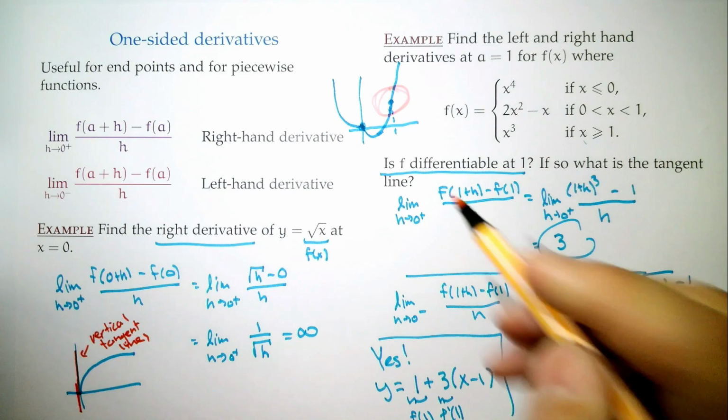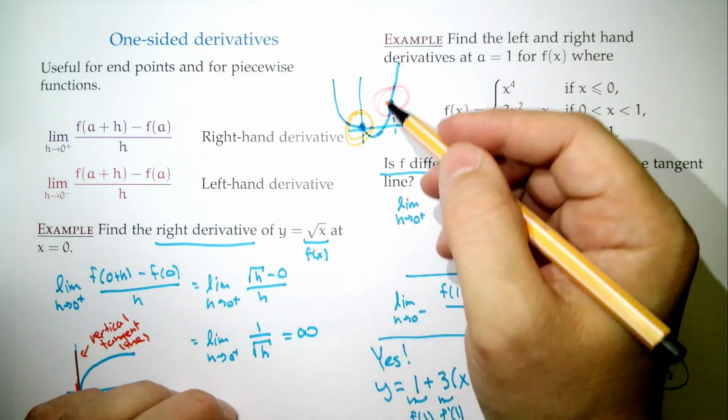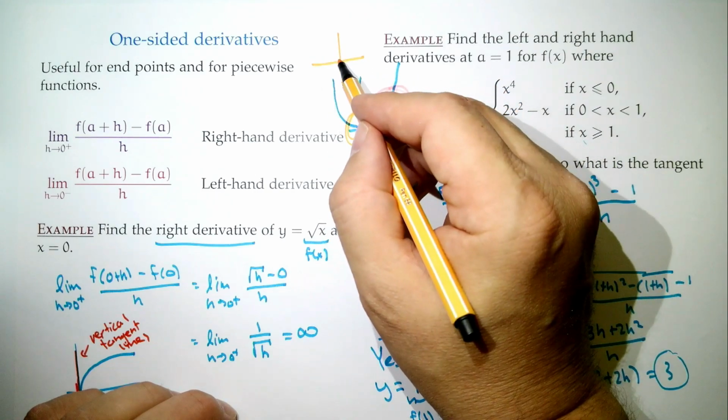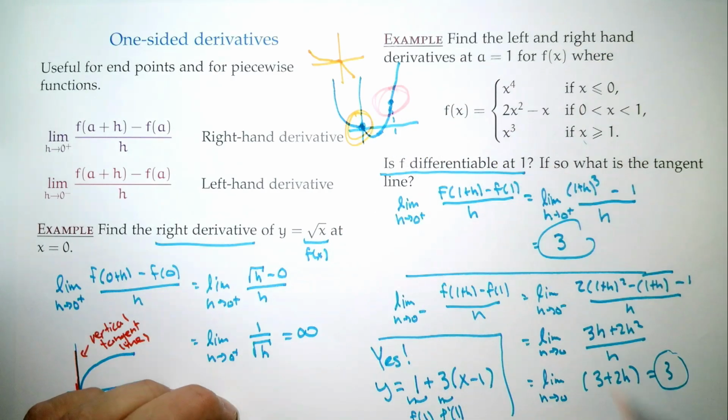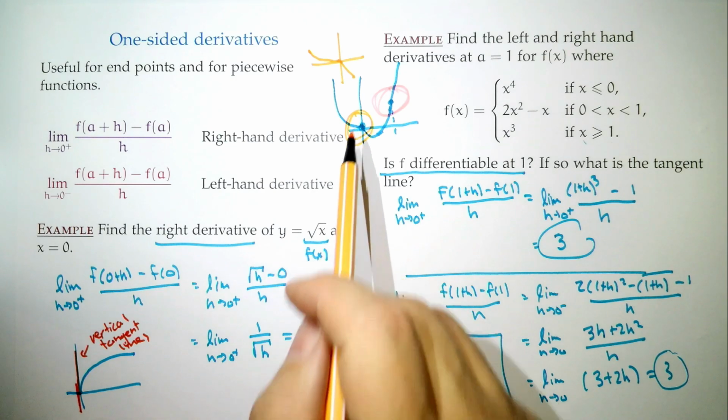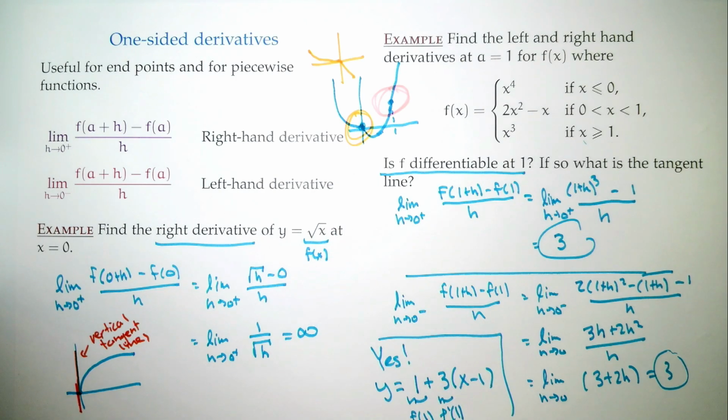What do you see there? Well, if you zoom in, it's flat from one side, but then going down from the other. The slopes don't line up. Is the function differentiable at 0? No. So it's not enough to be continuous.